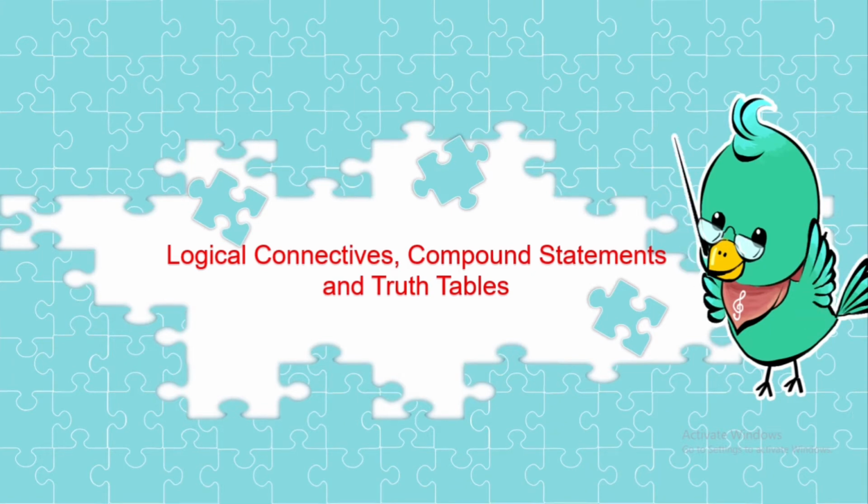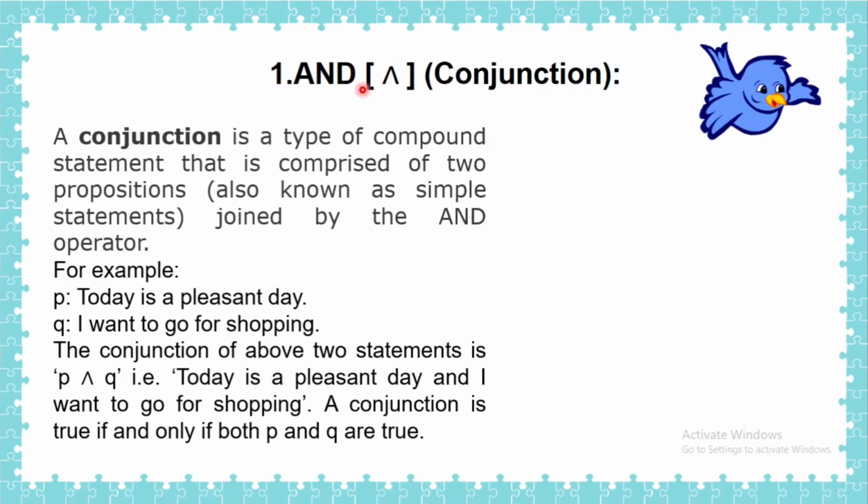Next topic is logical connectives, compound statements, and truth tables. And, or logical and, conjunction. Conjunction is a type of compound statement that is comprised of two propositions, also known as simple statements, joined by the AND operator.